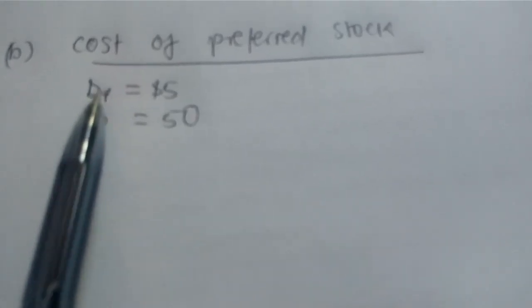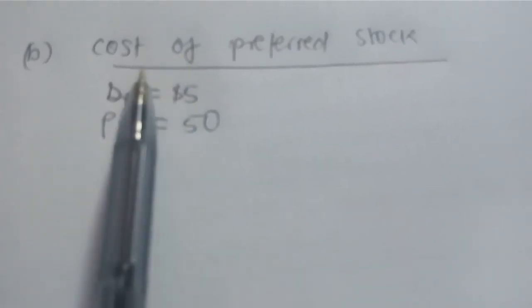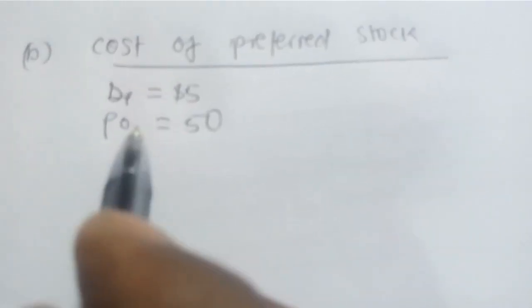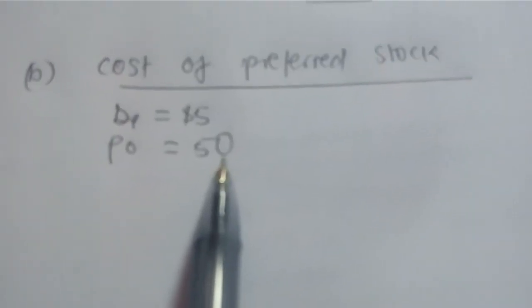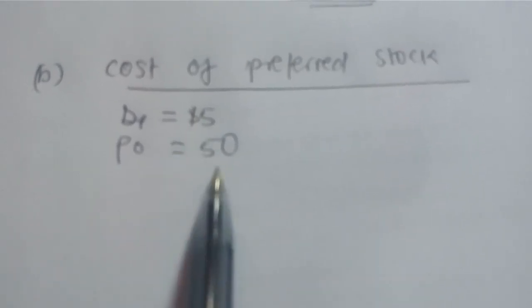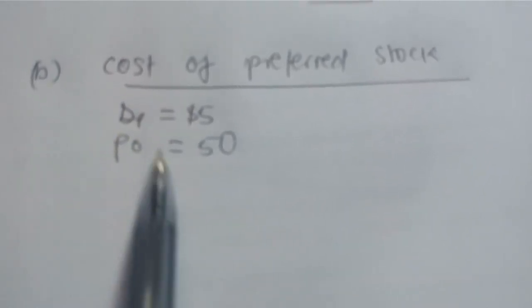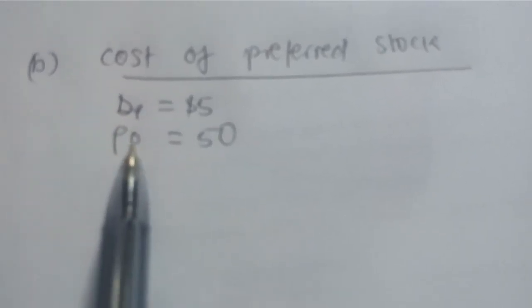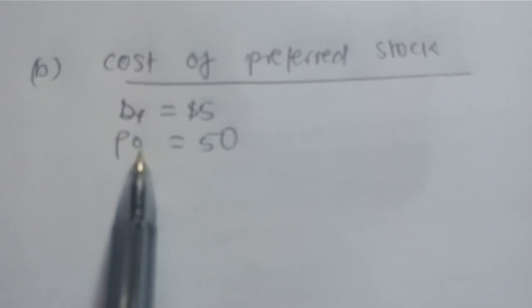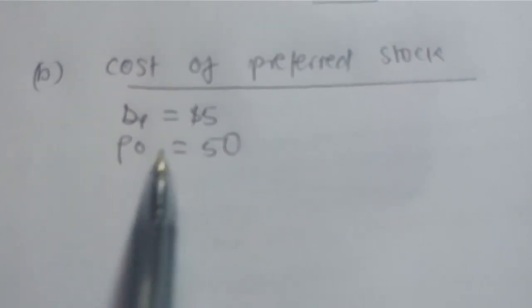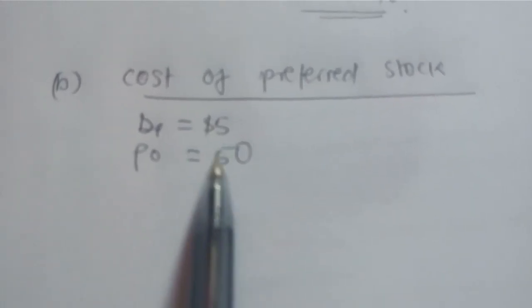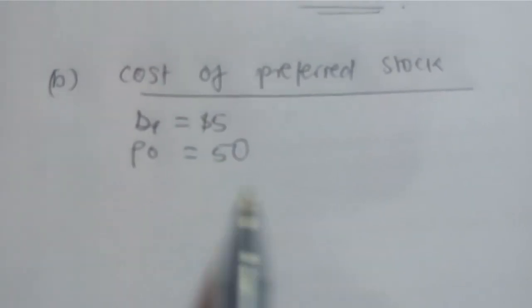So we continue with computing the cost of preferred stock, which is the required part of question B. The most important elements that we need when computing the cost of preferred stock are the dividend and its price. And we have to ask ourselves a question: was there any flotation cost on the part of preferred stock? In that particular question, there wasn't. So only these two items are enough for us to compute the cost.